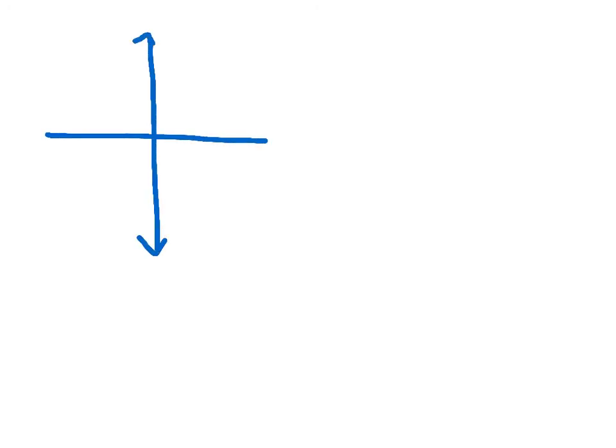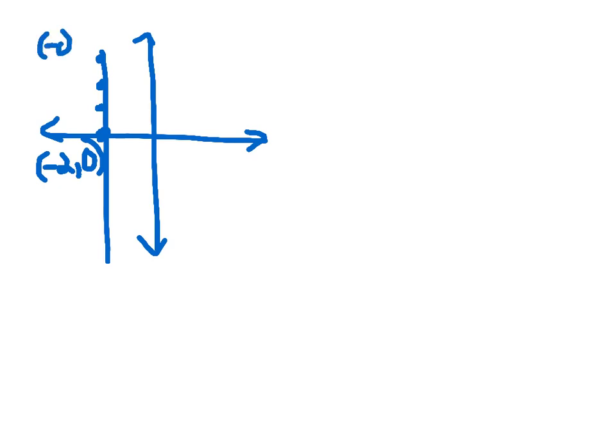So if these are my axes, and this is my vertical line here, and let's just say that this is negative 2, 0, and I'm going over negative 2 and I'm not going up at all. Well, then I'd have negative 2, 1, negative 2, 2, negative 2, 3. So let's call that negative 2, 3. And you can see that with a vertical line, it's the x-coordinate that is always the same.